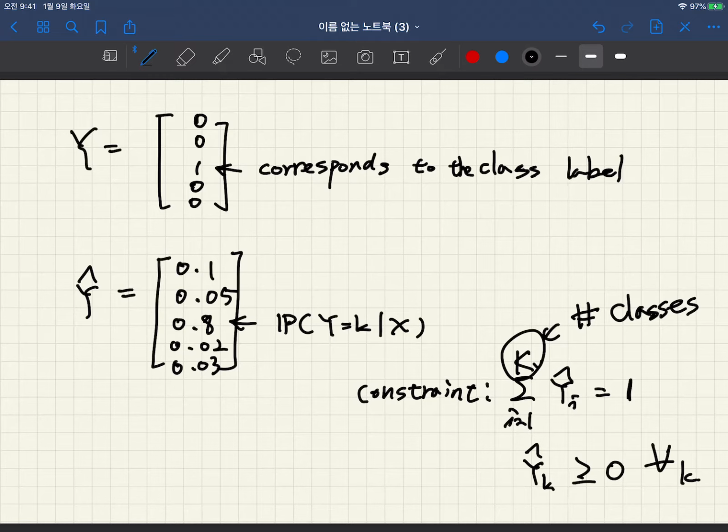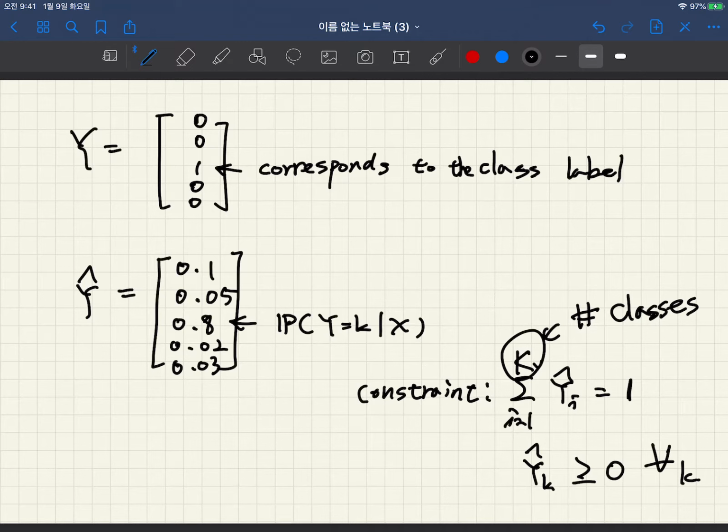To assess the accuracy, we want both y and y hat to follow the same rule. The rule is the sum of entries must be equal to 1 and all the entries must be non-negative, right?